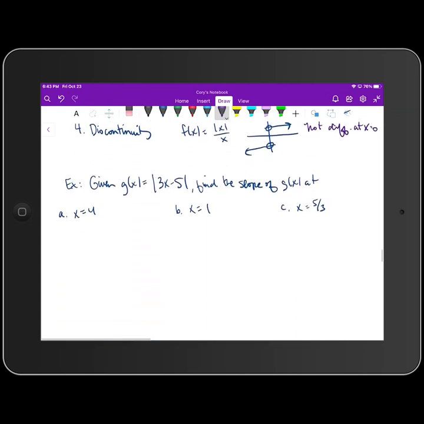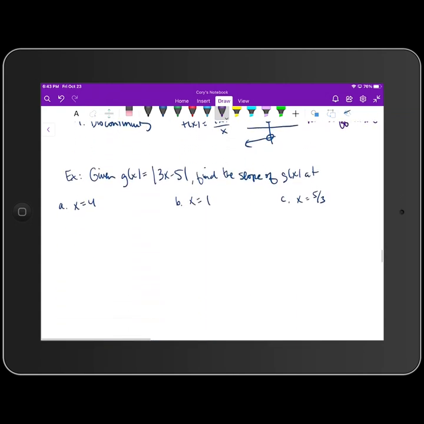So let's move on to this example. The directions say, given g of x equals the absolute value of 3x minus 5, find the slope of g at x equals 4.